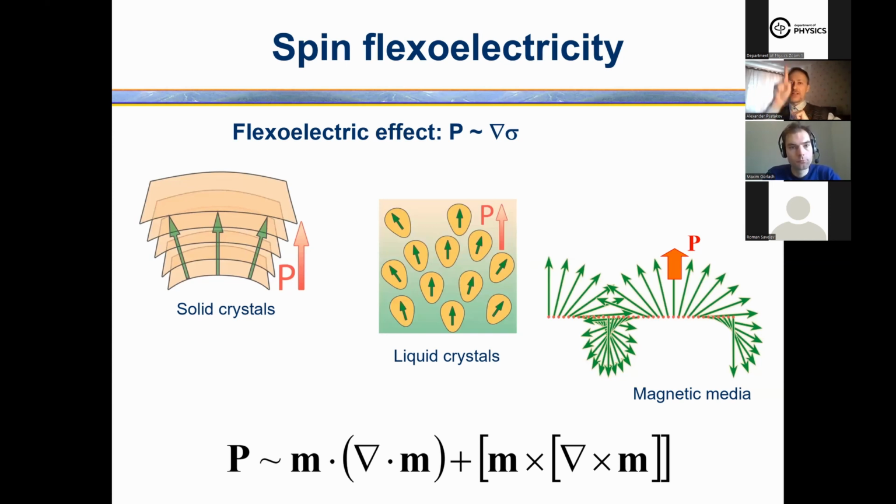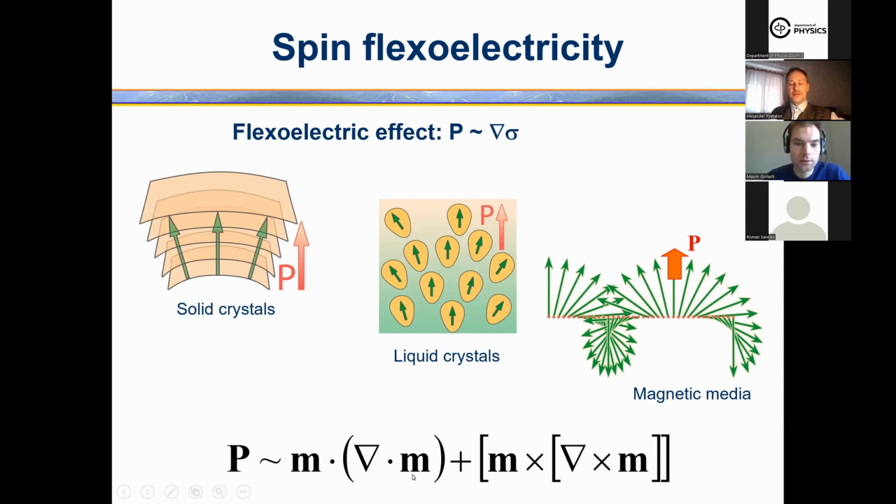You induce some polar direction, and this is how to make from the magnetic ordering the electric polarization. You just curl it to the cycloid, and mathematically that means that electric polarization is proportional to these combinations of magnetic vectors. There are two terms, but symmetrically they are similar. They transform like a polar vector.